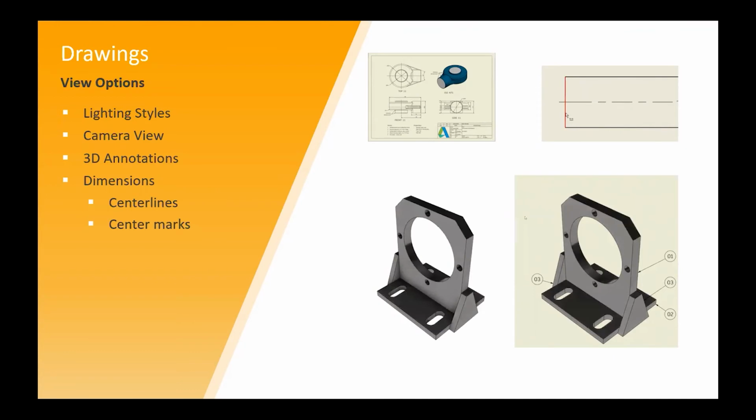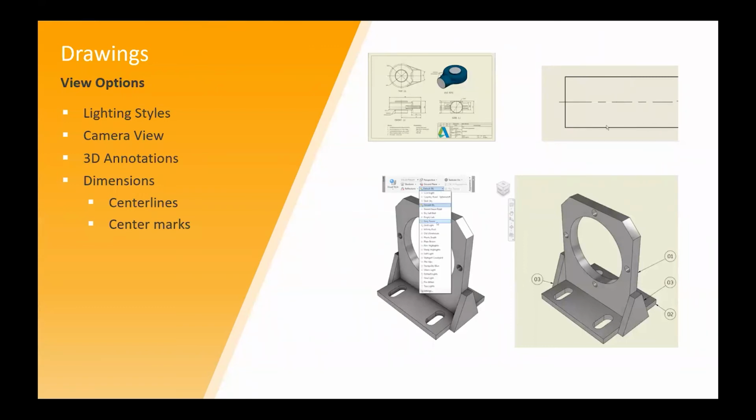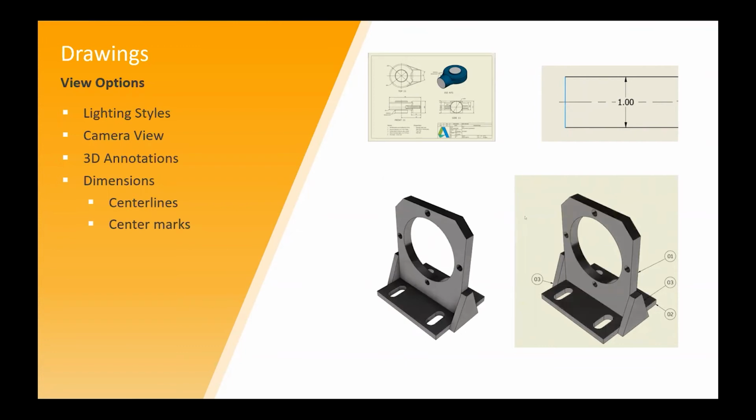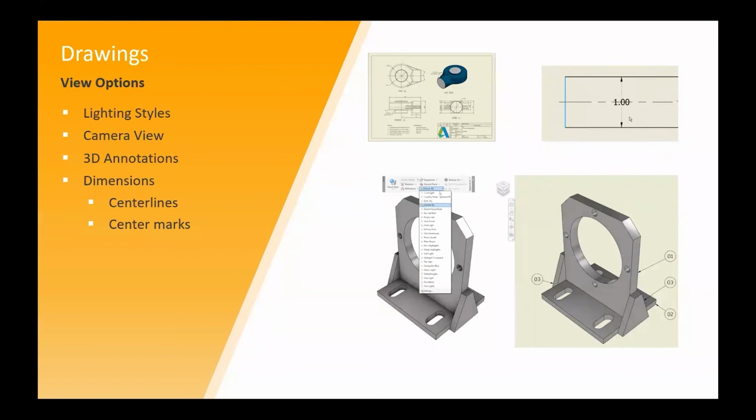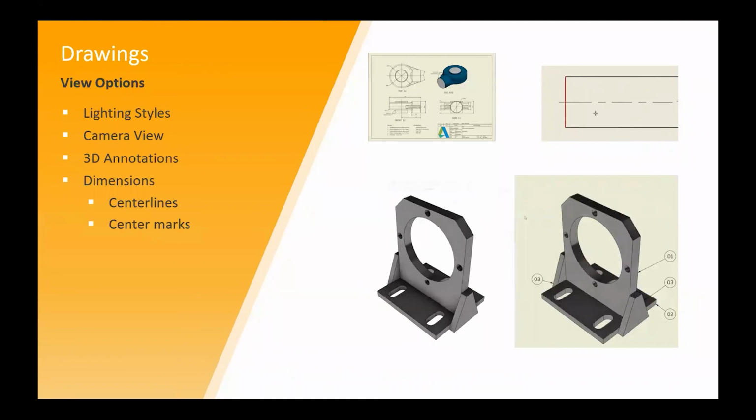So Autodesk have now answered that with a new little tool, and I'll go through this again in our demonstration in a moment. But effectively, we've got an option now to use a lighting style from the part environment inside a drawing view on our drawing sheet. So another nice little enhancement there.